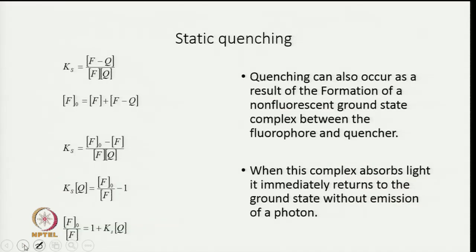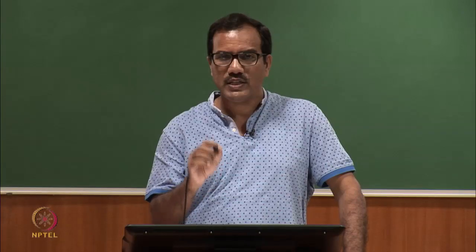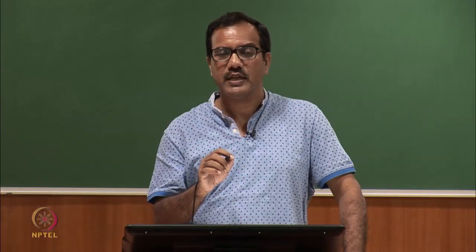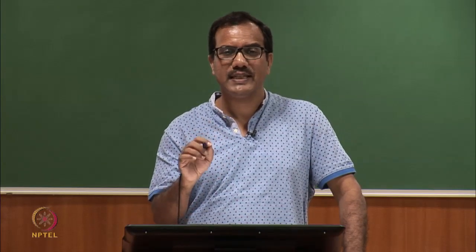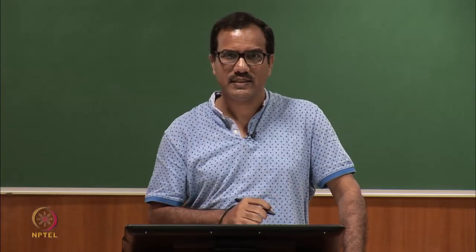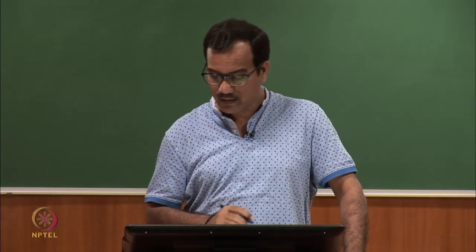I also discussed the second type of quenching, which is known as static quenching. This quenching takes place because of formation of a non-fluorescent ground state complex between fluorophore and quencher. So, the quencher is associating with the fluorescent species in its ground state. Please keep that in mind.